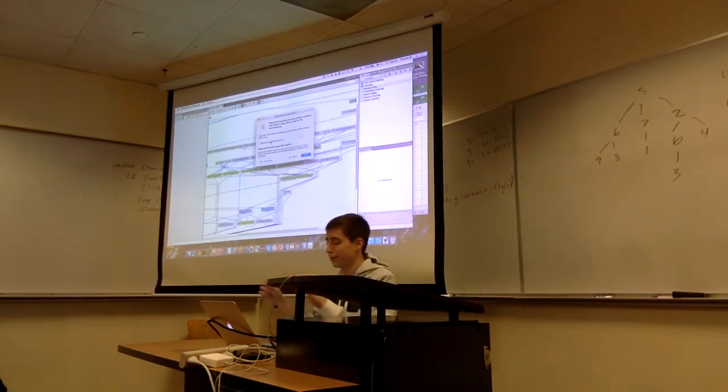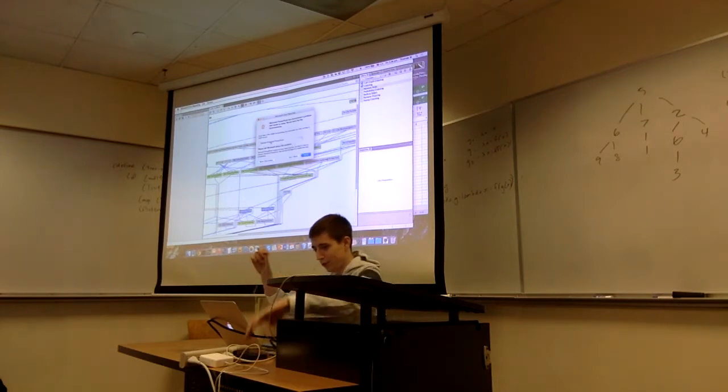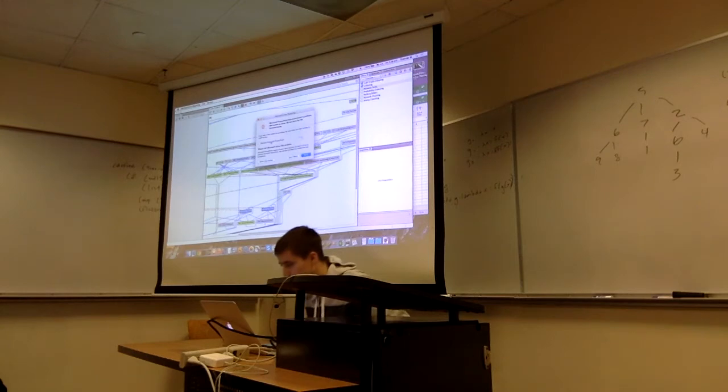Flip it upside down. Yep. Upside down. Excellent.